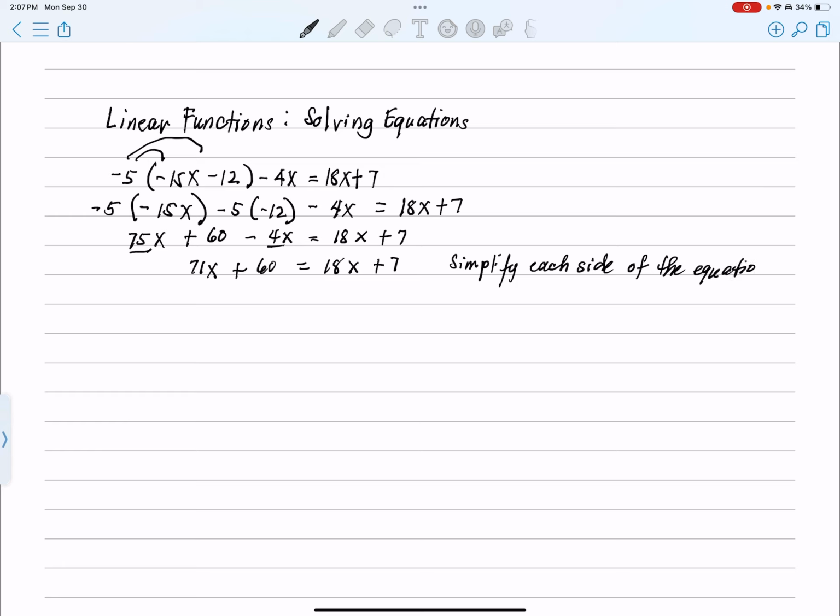All right. So what's next? We are going to bring the variables to one side and the constants to the other side. So I subtract 18x on both sides. So this will be cancelled. 71 minus 18, that would become 53x.